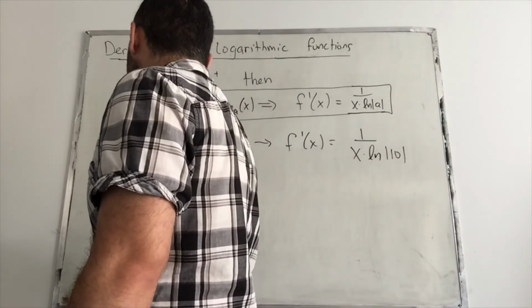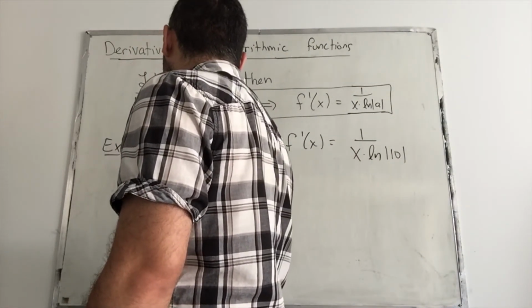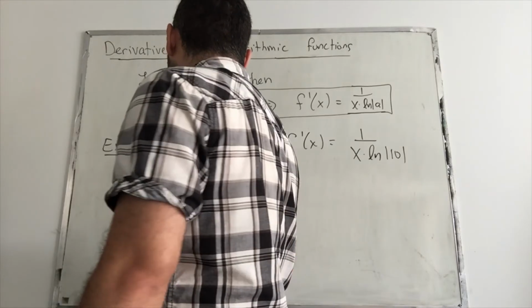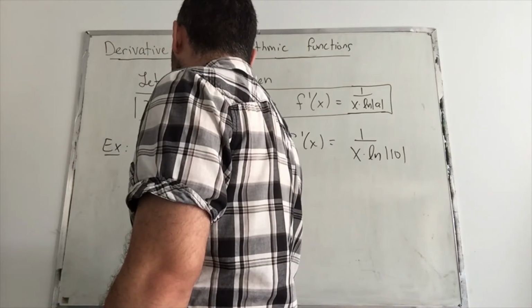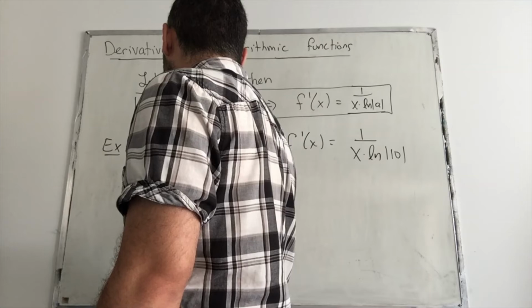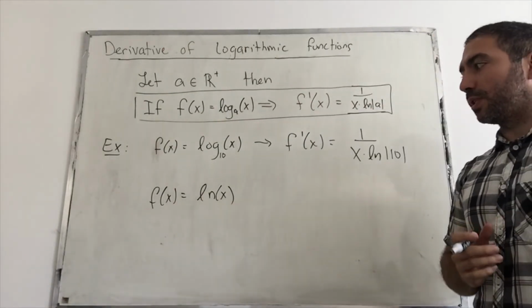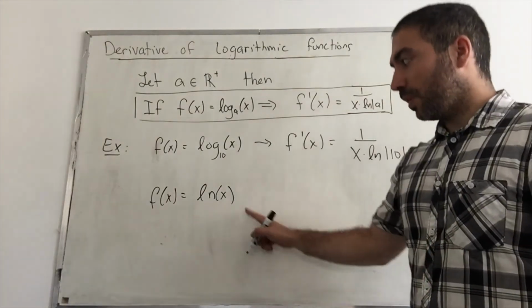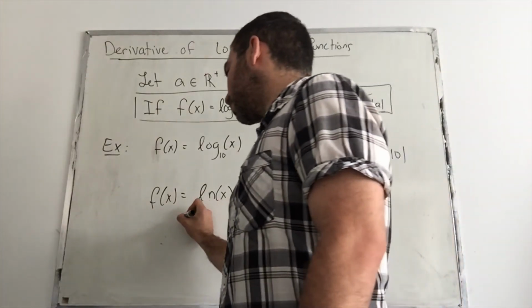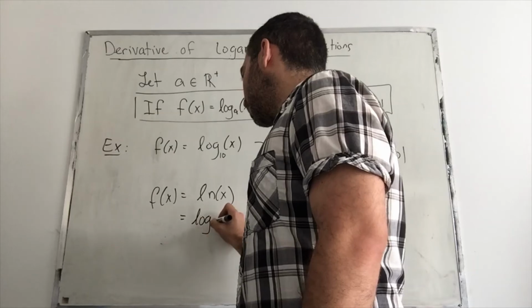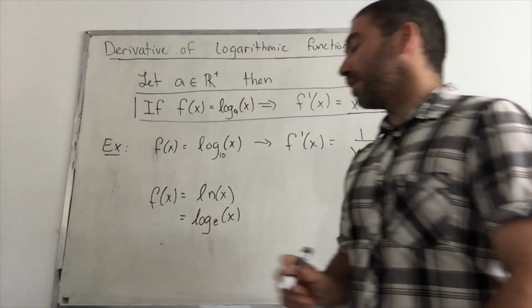So if f of x is equal to, let's do ln. What's its derivative? Well, ln of x is equivalent to log base e of x. Okay, it's the natural logarithm.